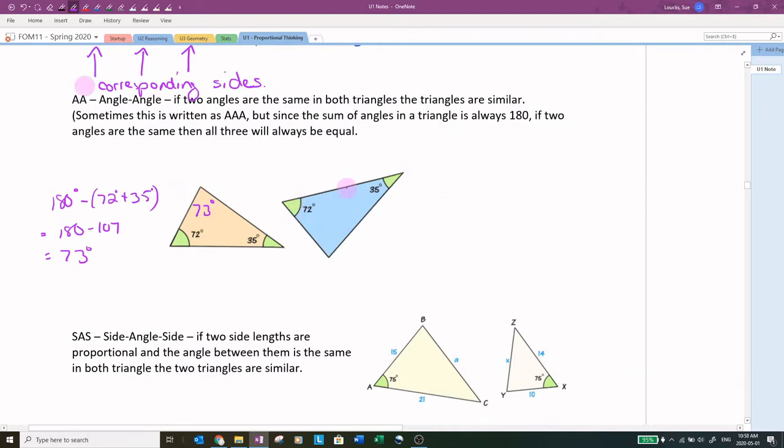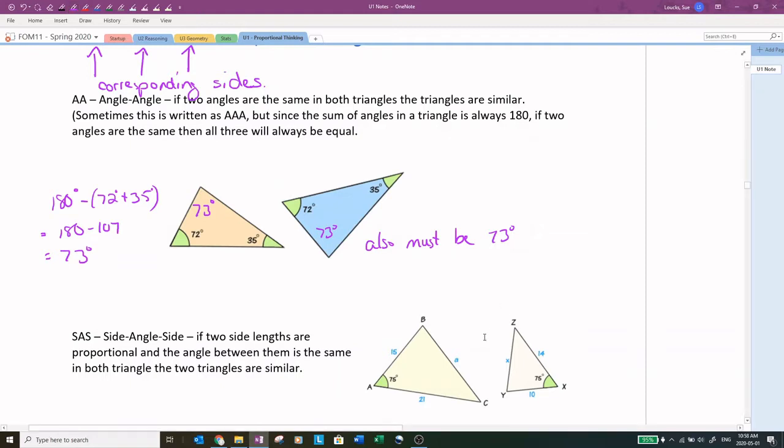And over in this triangle, well, these are the same, and they have to add up to 180 degrees, so this has to be 73 degrees as well. Okay, and because of the nature of triangles, if the angles are the same, the sides have to be proportional because you can't bend things to make sides not be proportional.